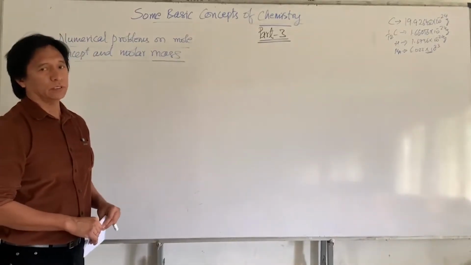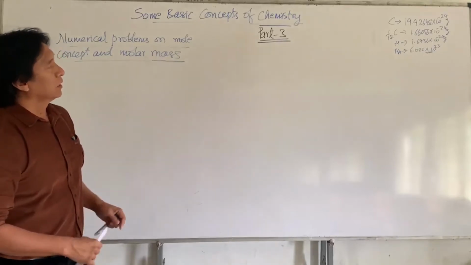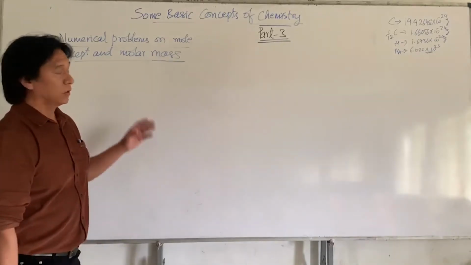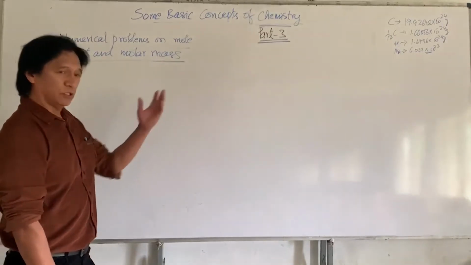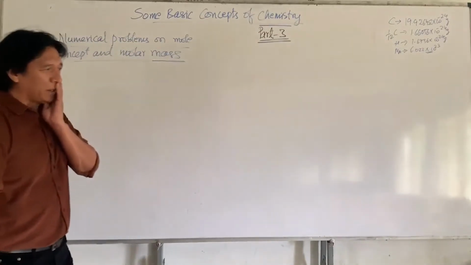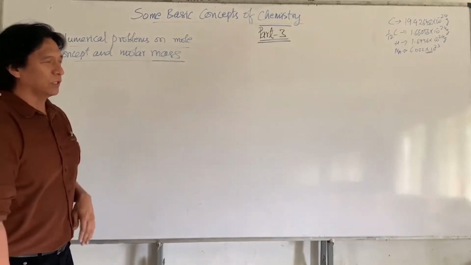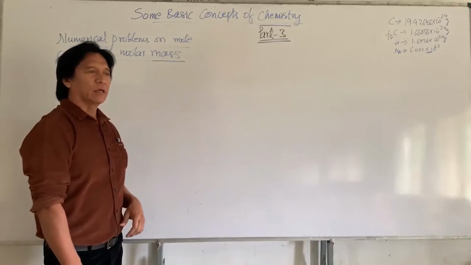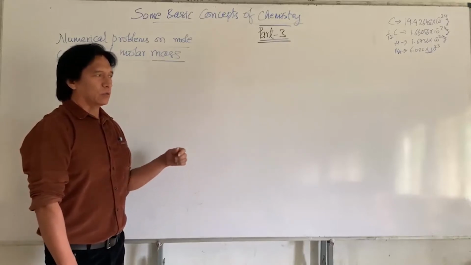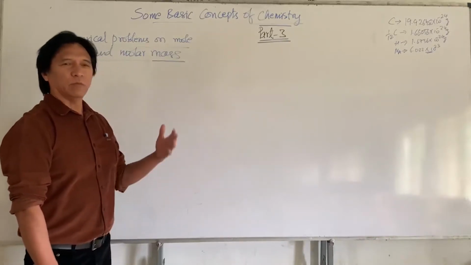So this is part 3 of my video lesson on the very first chapter, some basic concepts of chemistry. Now in part 2 you learned about Dalton's atomic theory. Then you learned about atomic mass unit.